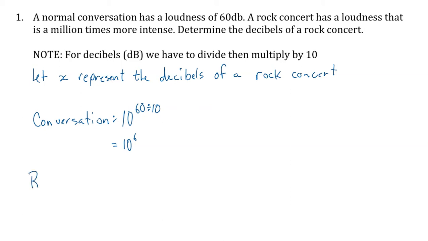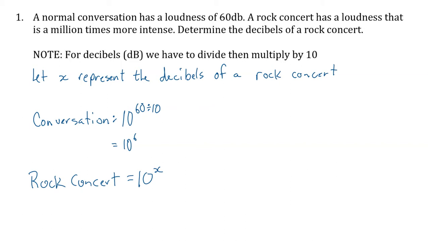Okay, and then a rock concert is going to be 10 to the x. What's the little thing we have to remember when we're doing these? The only trick to these? Put the bigger one on top.